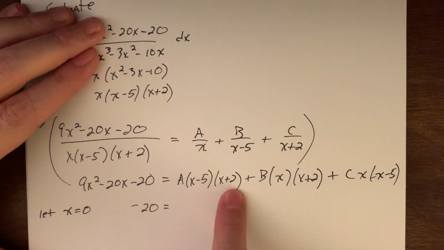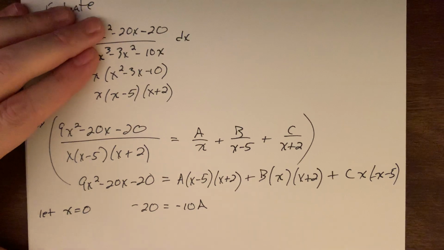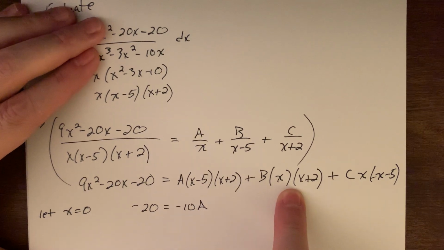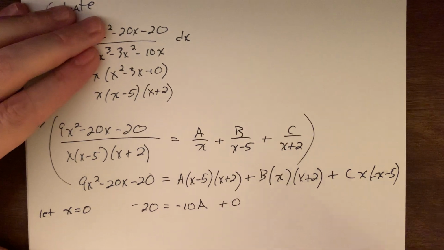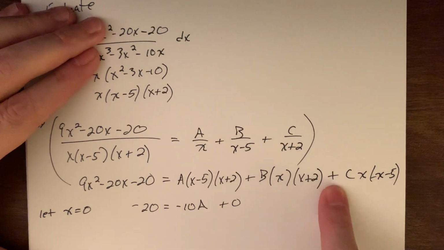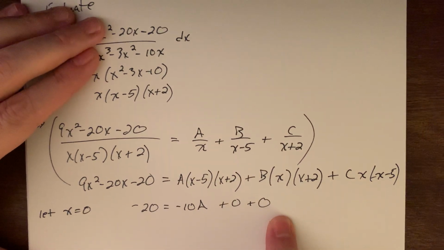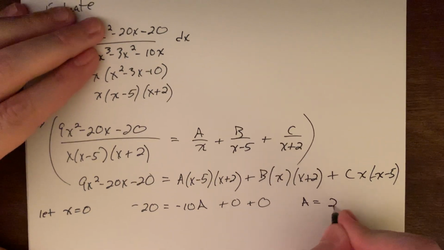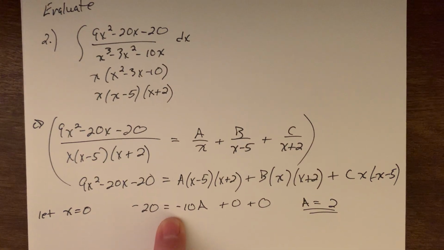I get minus 5 times 2 is negative 10 times A. Plug 0 in here. Well, B times 0 times 2 is all a 0. And similar here, C times 0 times minus 5 is another big 0. Just looking at that and solving, we would get that A equals 2.